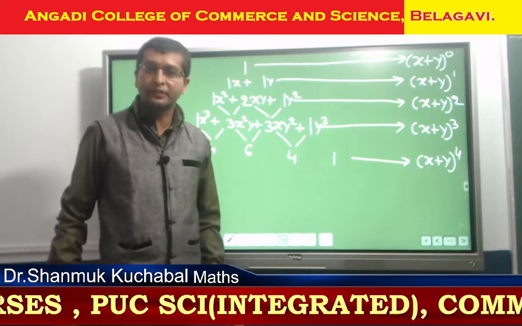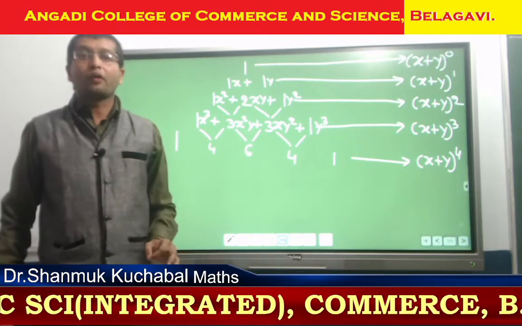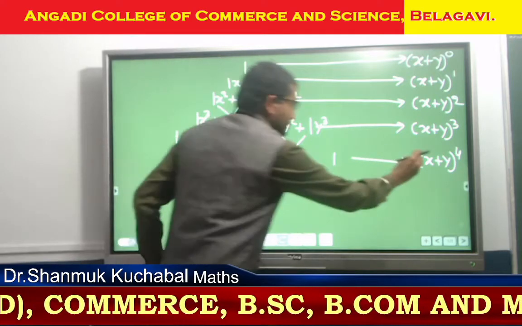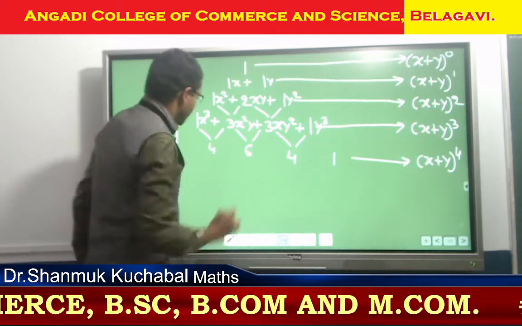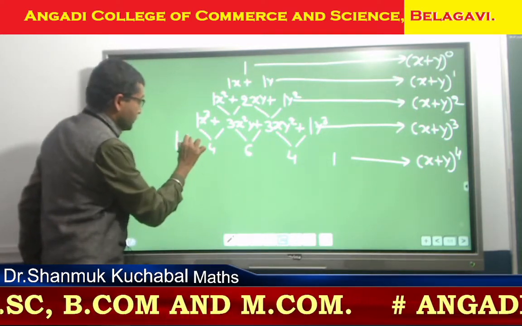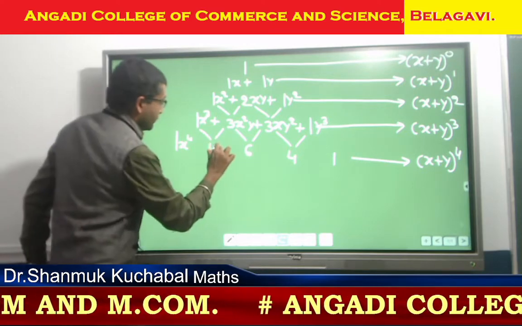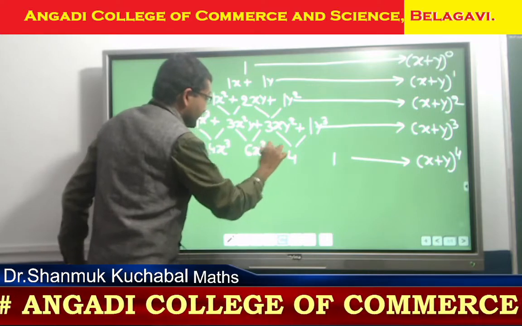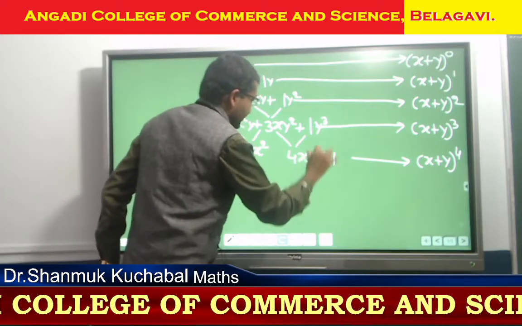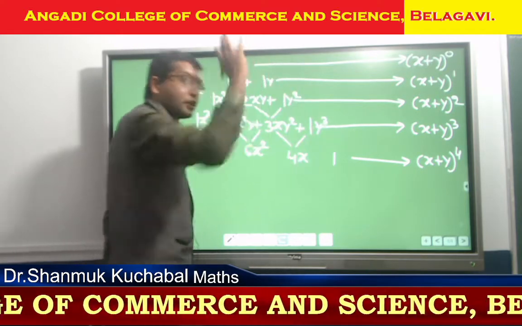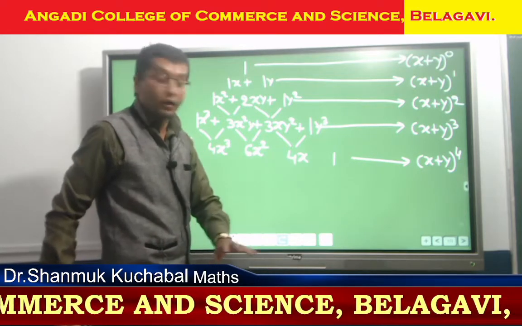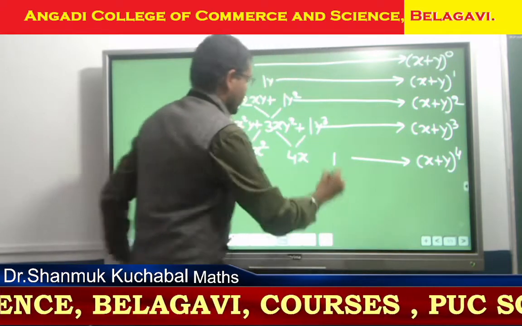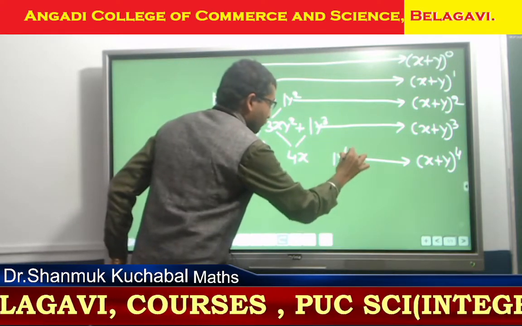Now it is very simple. You can write the formula for (x plus y) raised to 4. The highest power of x is 4, so x raised to 4. Decrease it: x cube, x square, x, then x raised to 0, which is 1. In the same way for y, the highest power is 4, so y raised to 4.